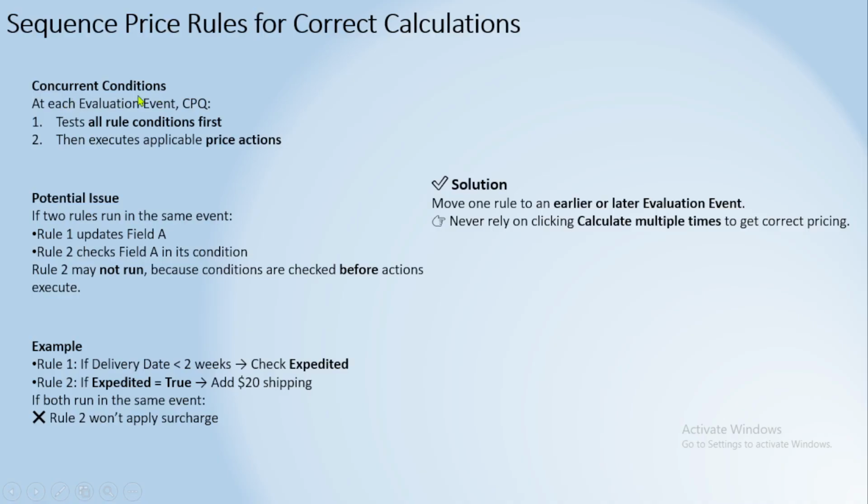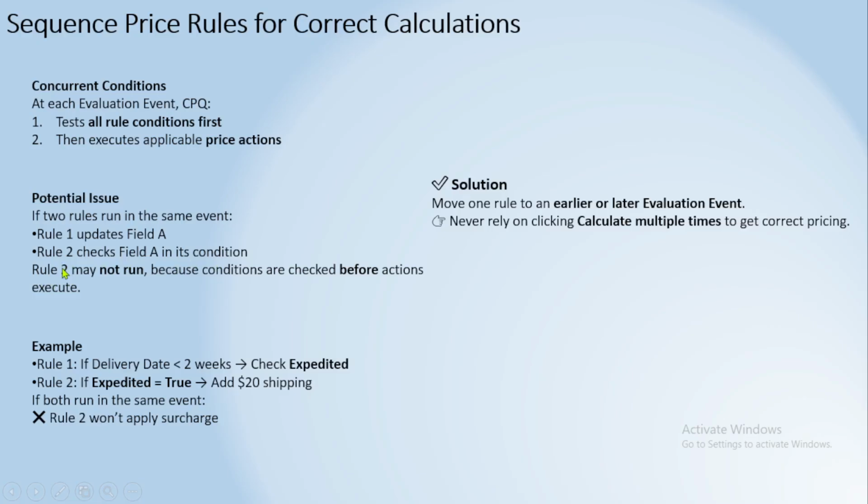We have the concurrent conditions. It means test all rule conditions first, then execute applicable price actions. This is concurrent conditions, right? But what is the potential issue? Like rule 1 updates field A and rule 2 checks field A in its condition.